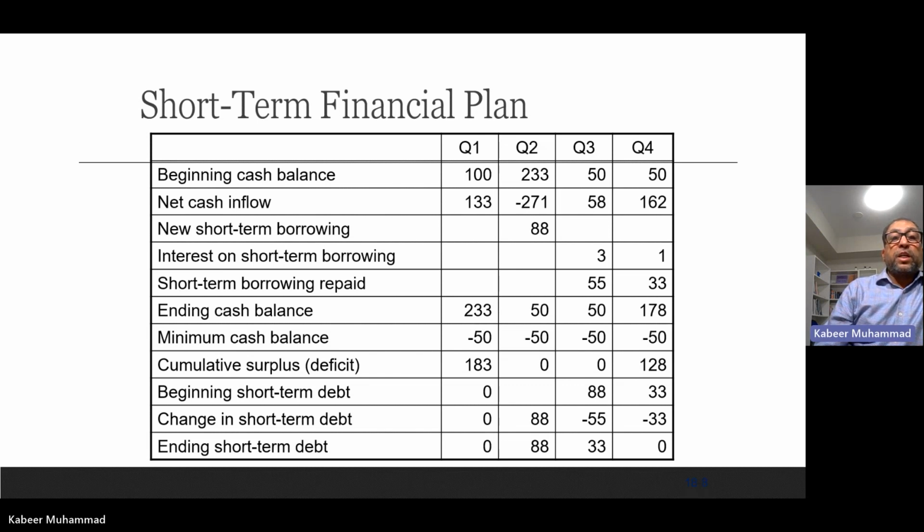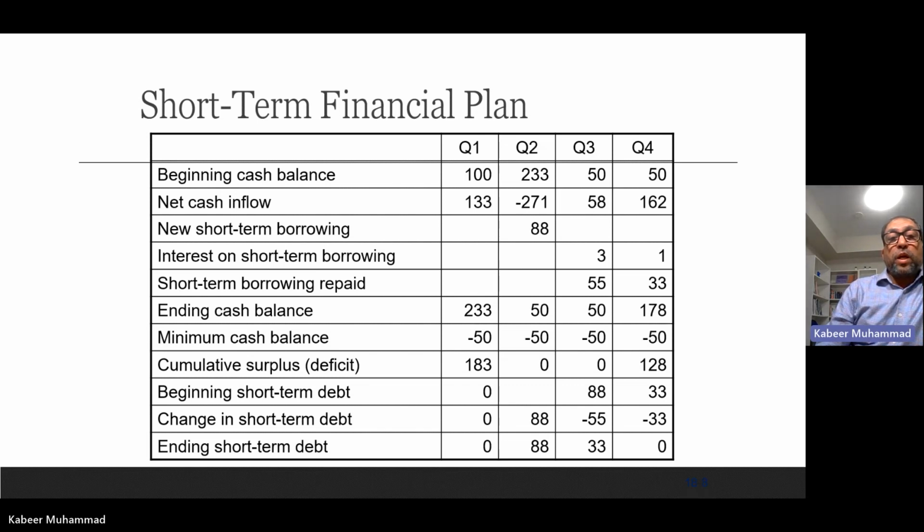So these are beginning cash balances, net cash inflows, short-term borrowing. Here we borrow 88 dollars. Then interest on short-term borrowing, what we have to pay on this $88 borrowing, and then short-term borrowing repaid.